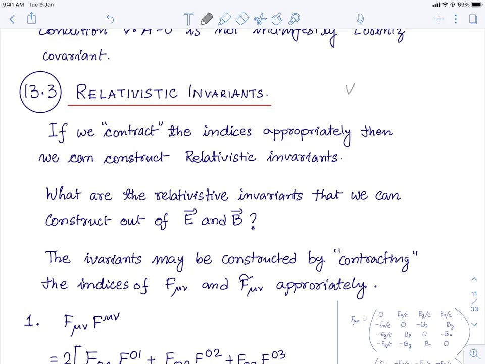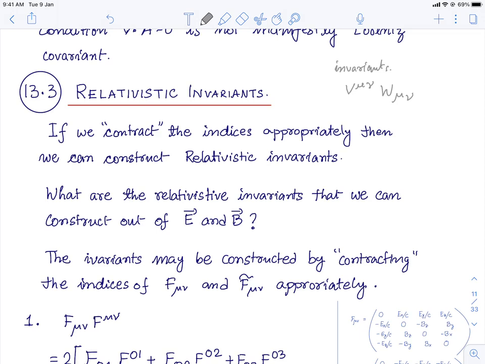If you take a vector and contract it with some covector, you form an invariant. Similarly, you can take a tensor and contract it with another tensor, and it will be invariant. You can contract it with itself also.